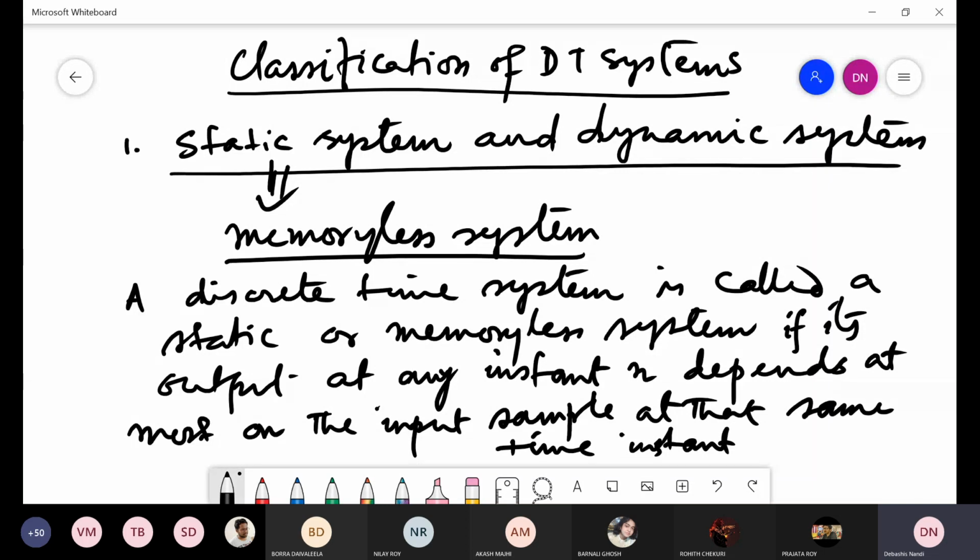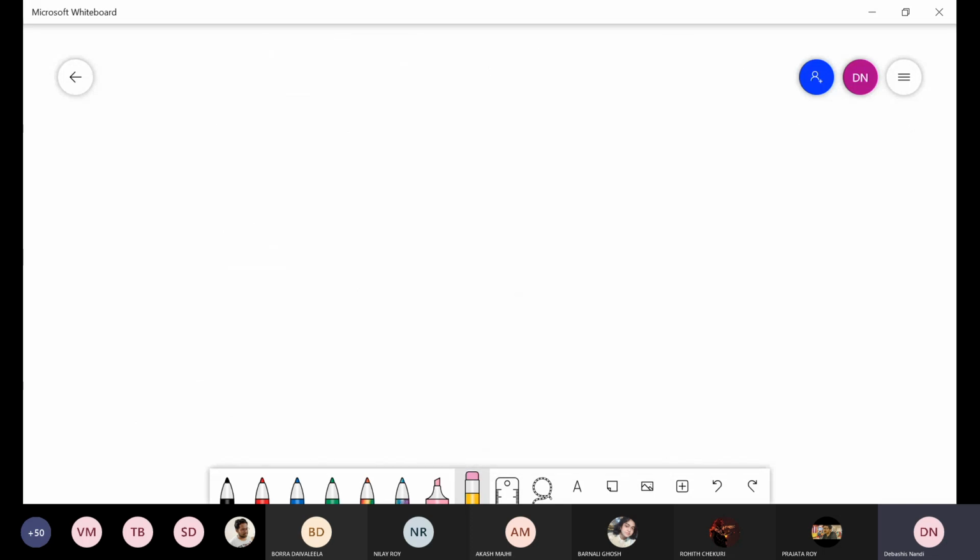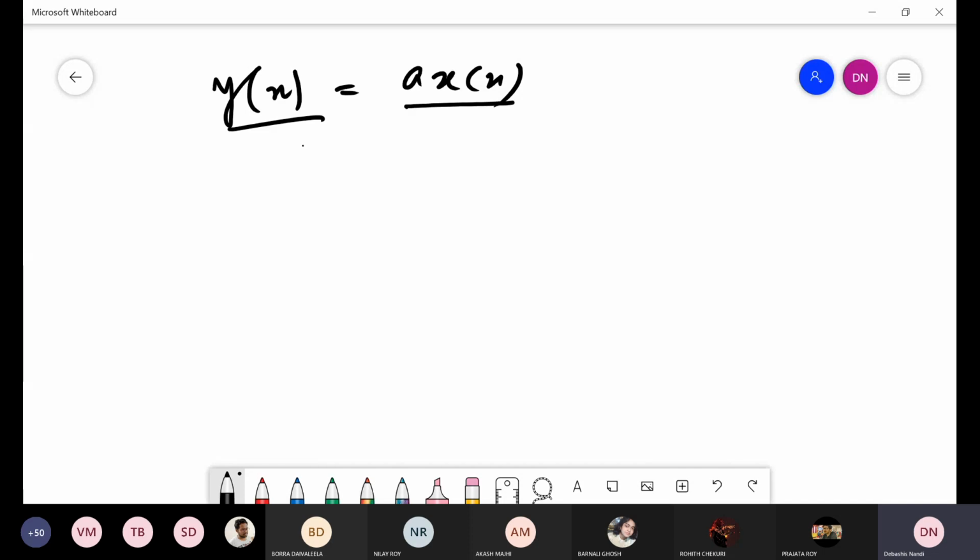If you want to give one example of an input-output relationship for a static system, suppose yn is equal to a xn. Output at a particular instant n is dependent on the input at that particular instant n. So this is your static system.